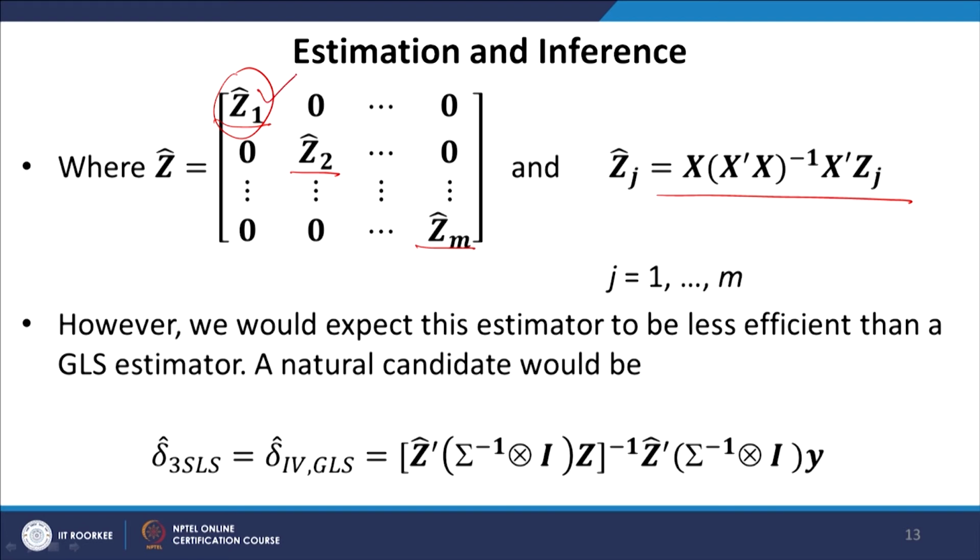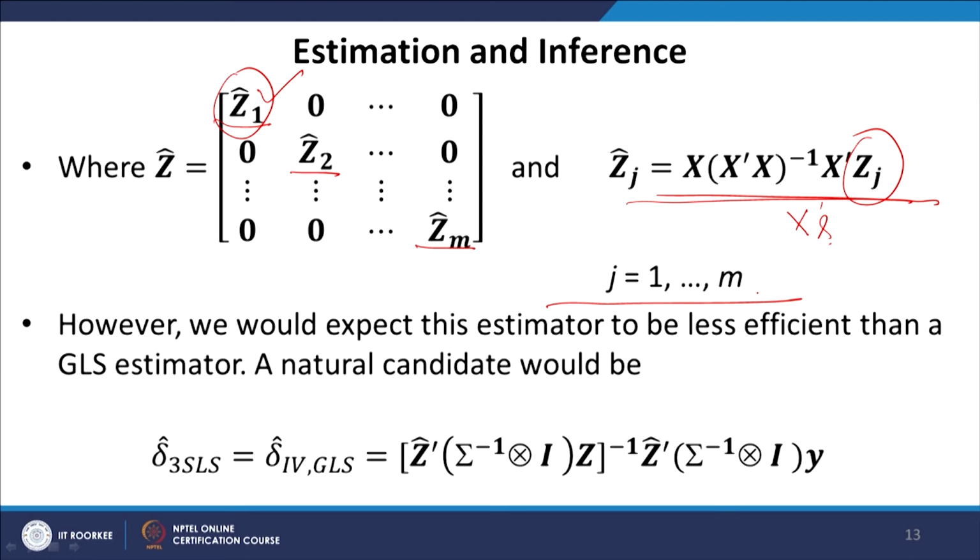These are the instrumental variables, obtained as x (x prime x) inverse x prime zj, which implies that we are running a regression of zj on the x's, where j stands for 1 to m.